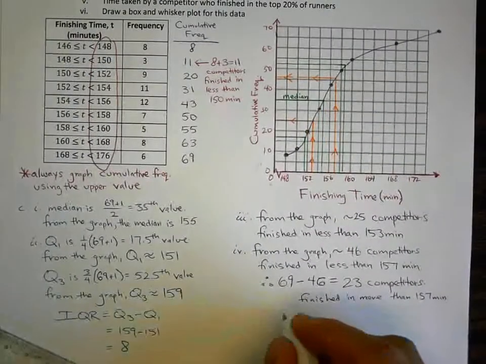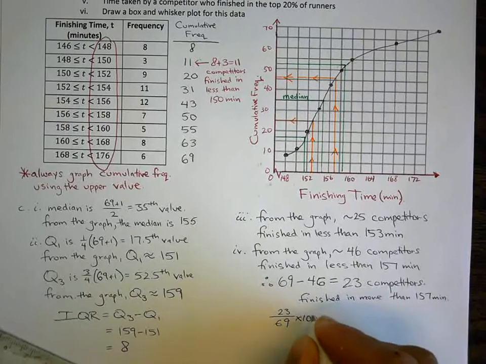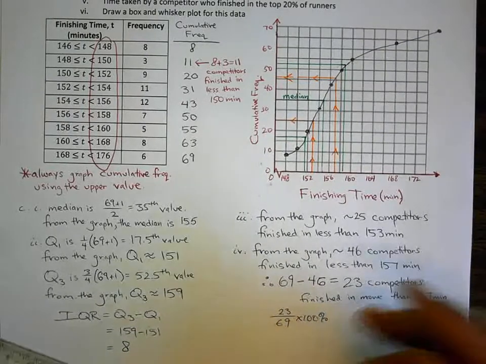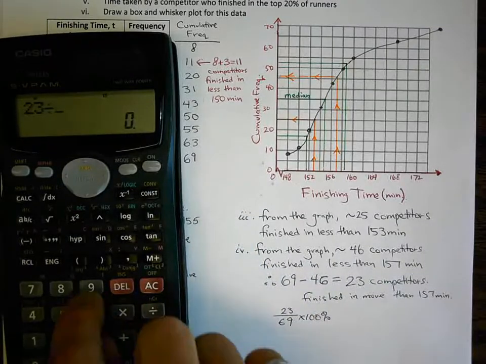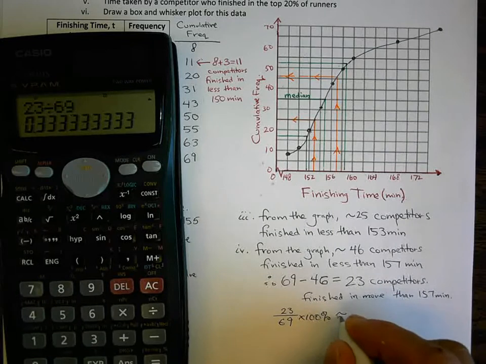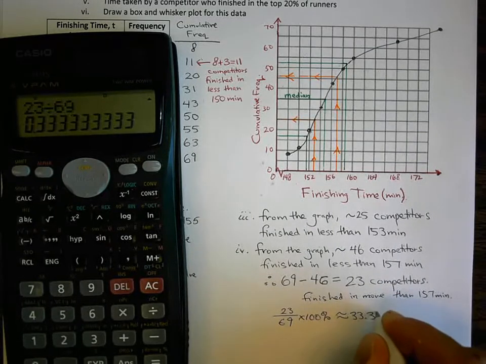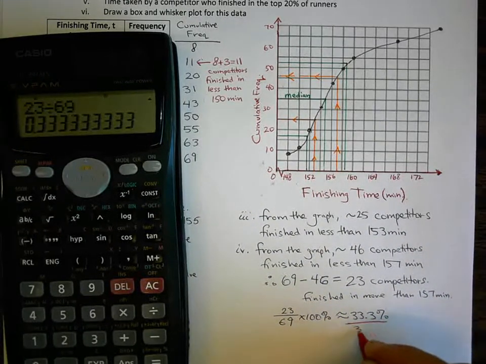So therefore I have 23 divided by 69 times 100%. 23 divided by 69, oh wow, that's a pretty nice number: 33.3%. Remember, that should be 3 sig figs.